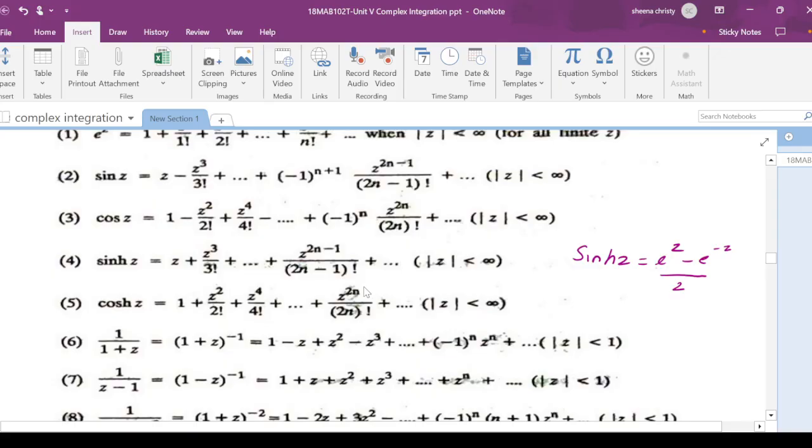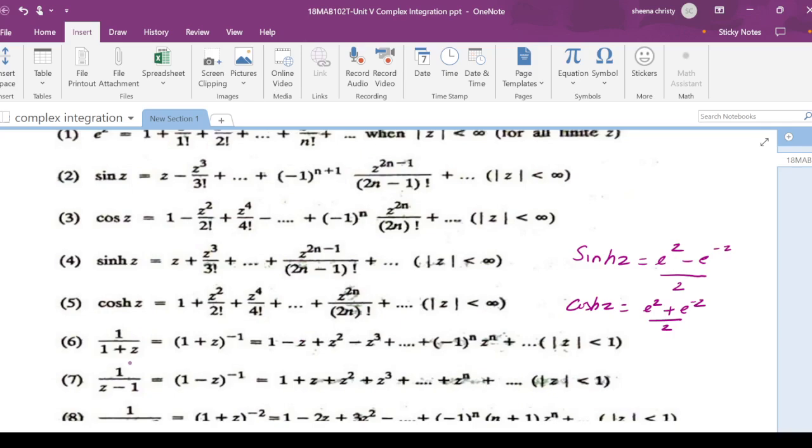Likewise, cos hyperbolic z we can write as e power z plus e power minus z divided by 2. From this formula you get 1 plus z squared by 2 factorial plus z power 4 by 4 factorial etc., up to z power 2n by 2n factorial, where modulus of z is less than infinity.